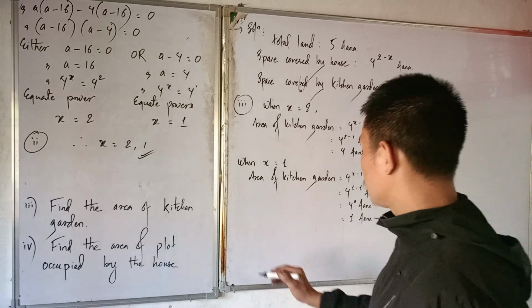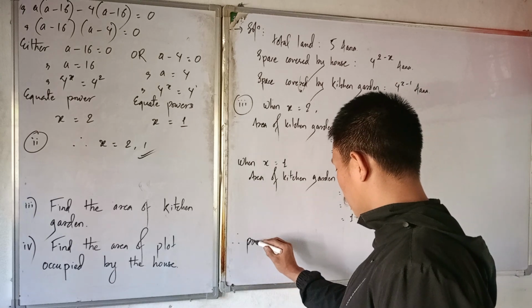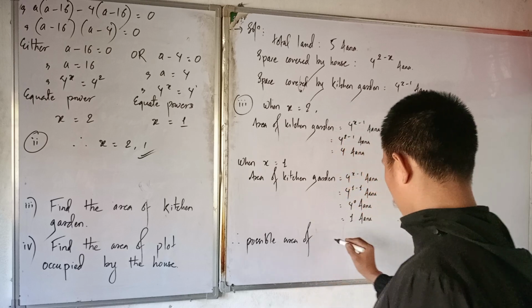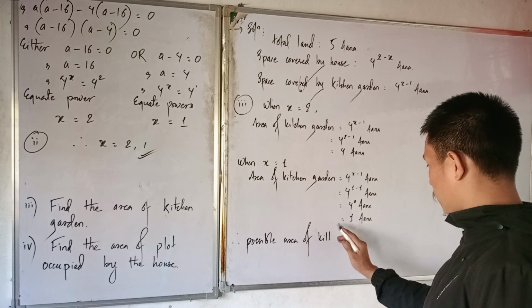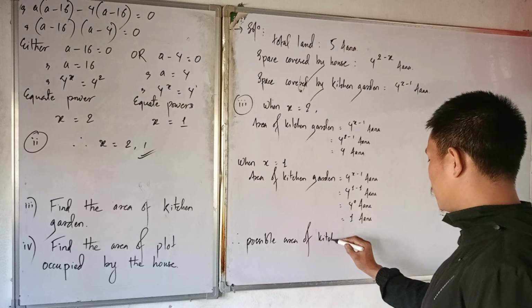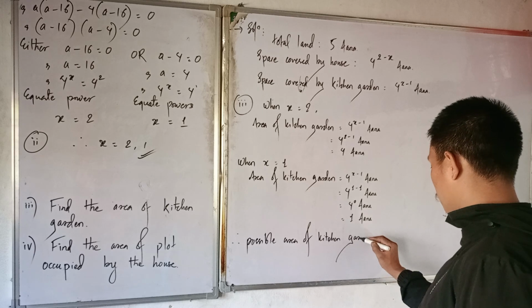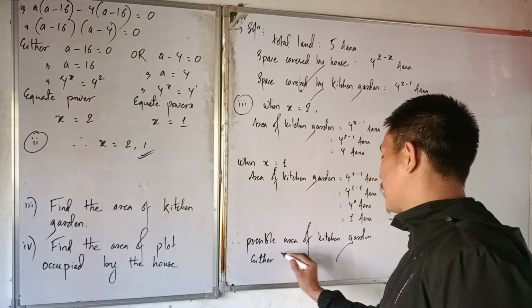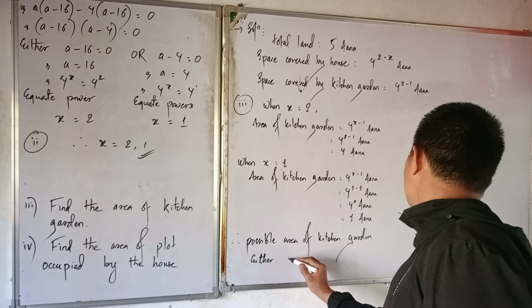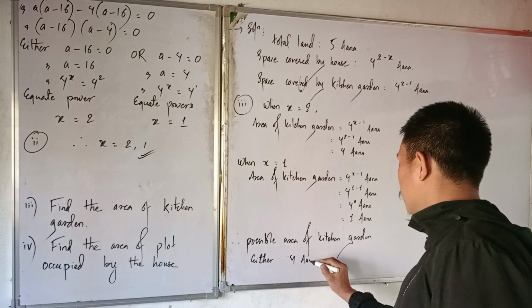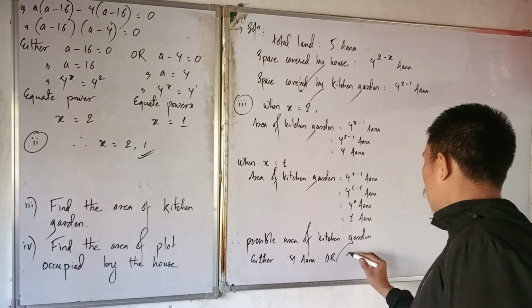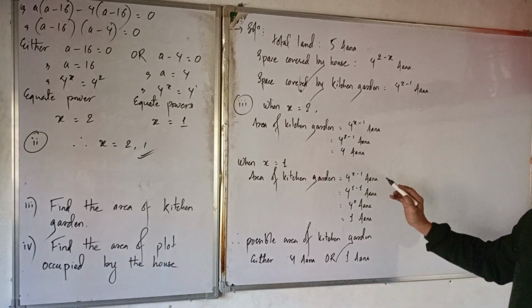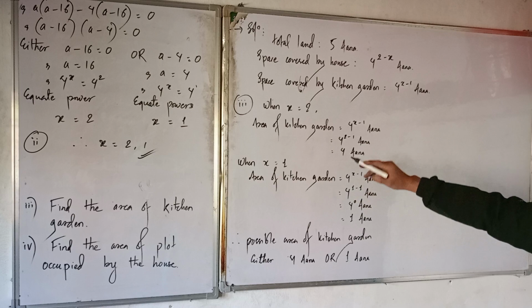So the possible area of the kitchen garden will be either 4 Anna or 1 Anna. Okay, this is for part (iii).